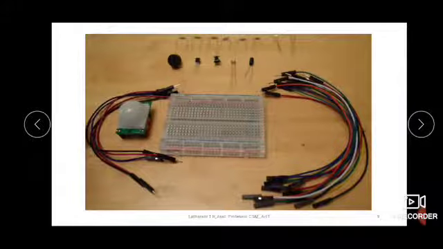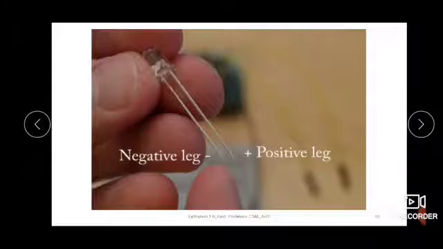Let us see the connections. While connecting the LED, you have to keep track of the negative and positive legs. The leg which is a little smaller is the negative leg, and the leg which is a little bigger than the negative leg is the positive leg.